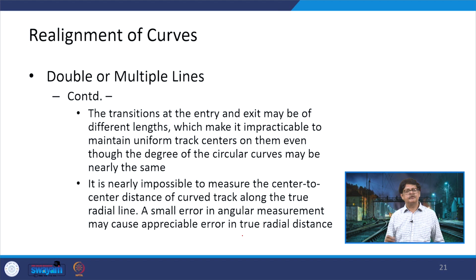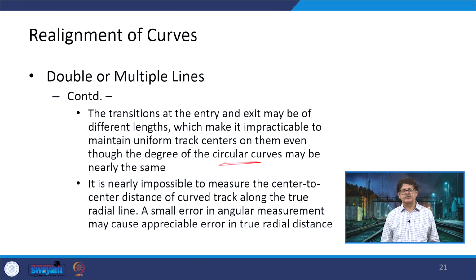So, if you have two different curves and two different transition curves are also being used, even though the degree of the circular curve may be almost the same, still there will be problems. So, we should not do it together, it has to be done independently.